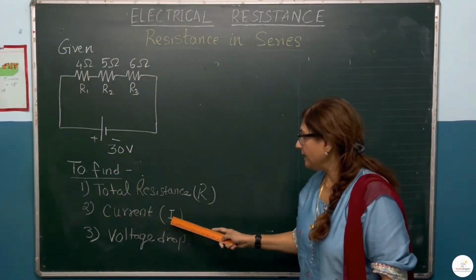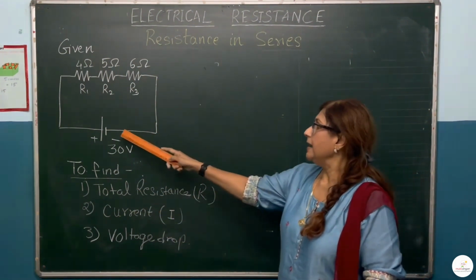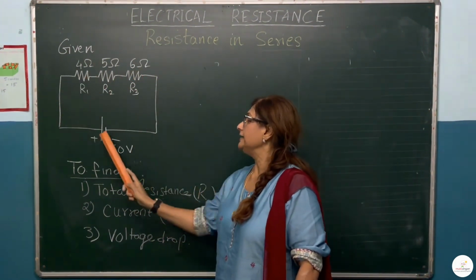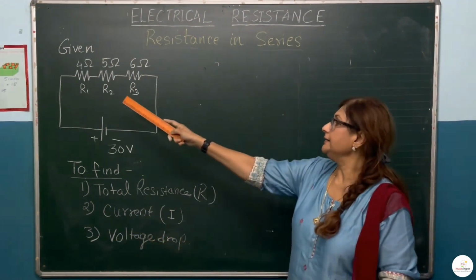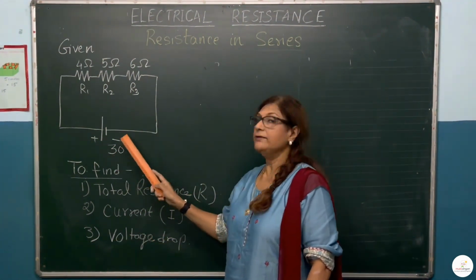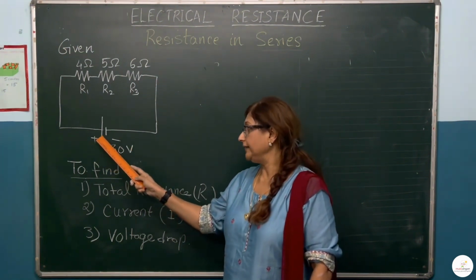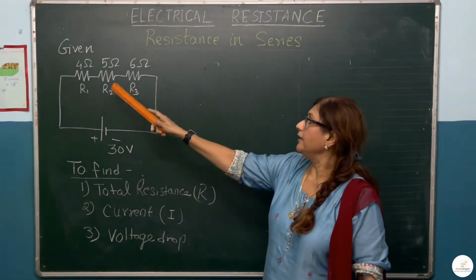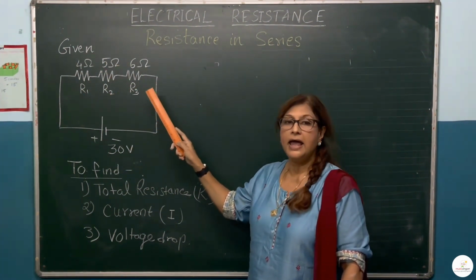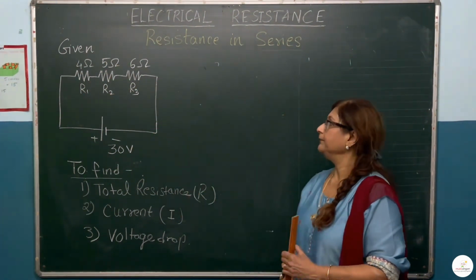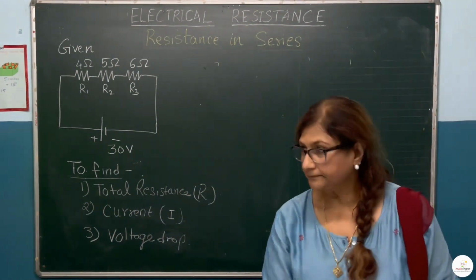Second, the amount of current that's flowing in this circuit. And the third thing is the voltage drop: the total voltage is provided by the battery here, and we have to find out the voltage drop in R1, voltage drop in R2, and voltage drop in R3. So let's see.